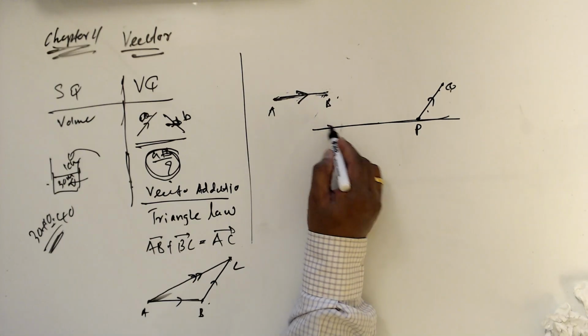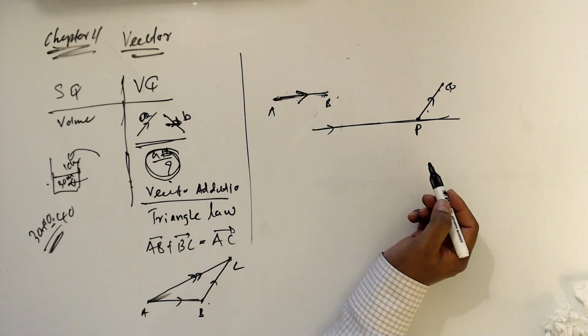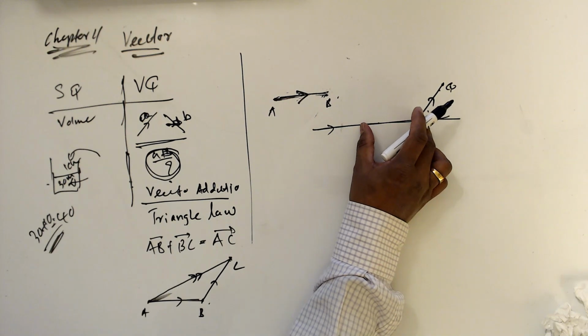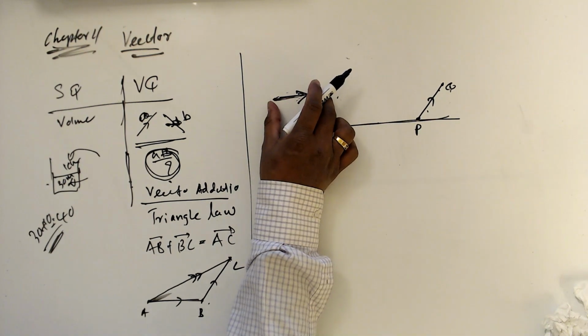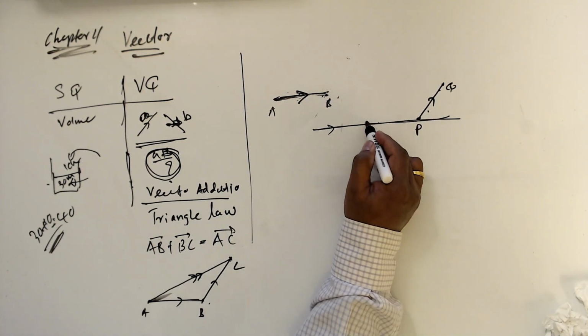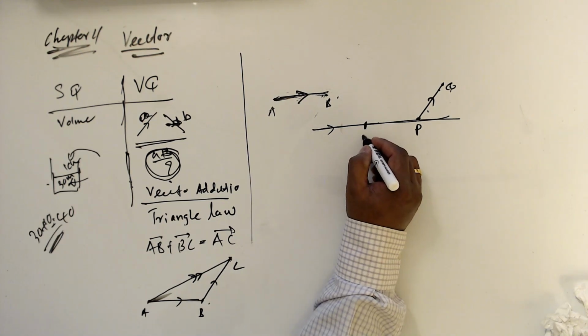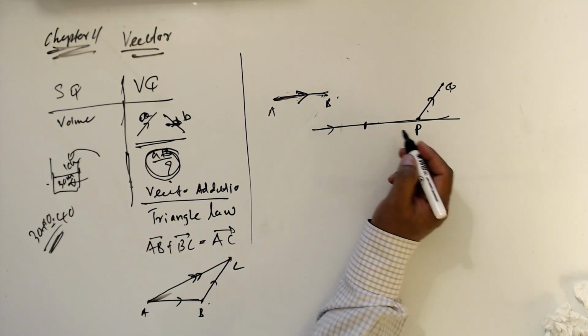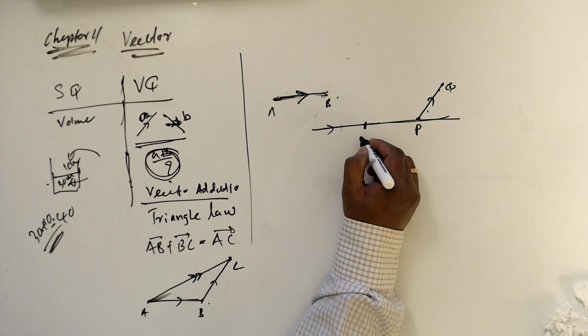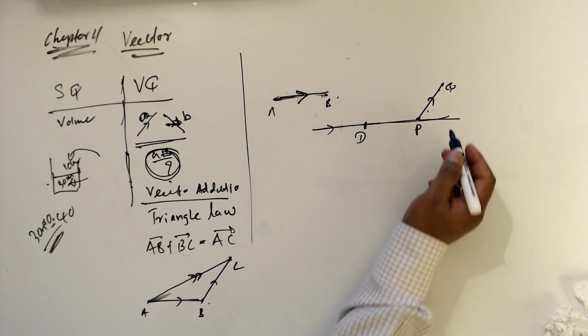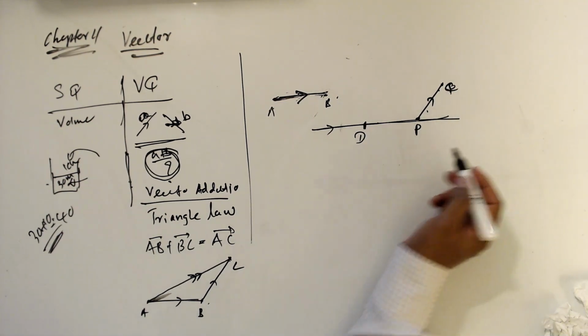Right. So those are parallel now. Then from here I will measure this distance. Same. So I'll write this is D. This is Q.